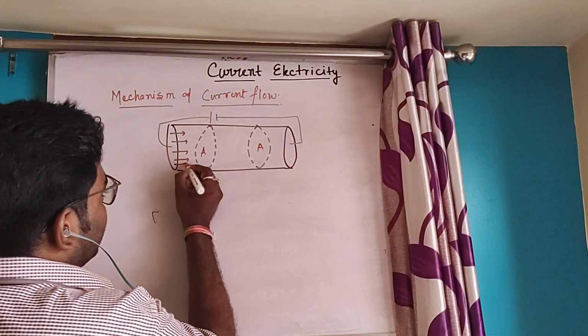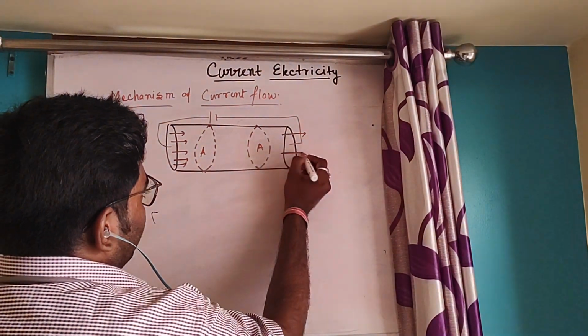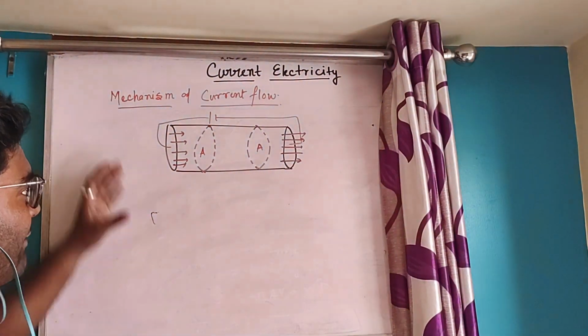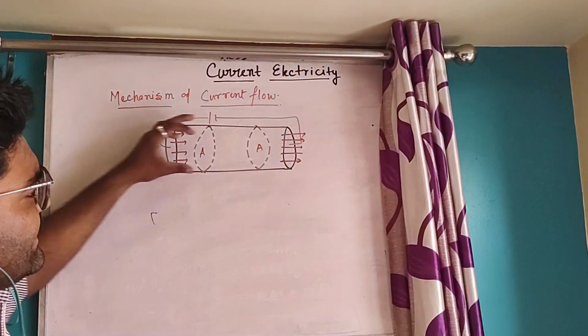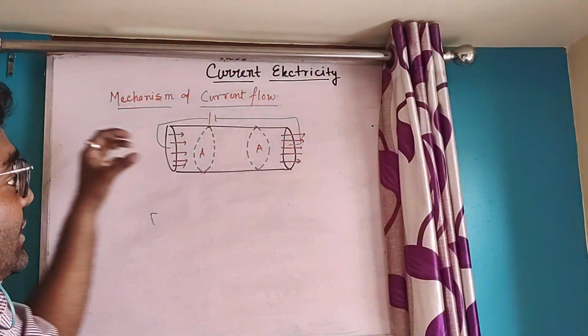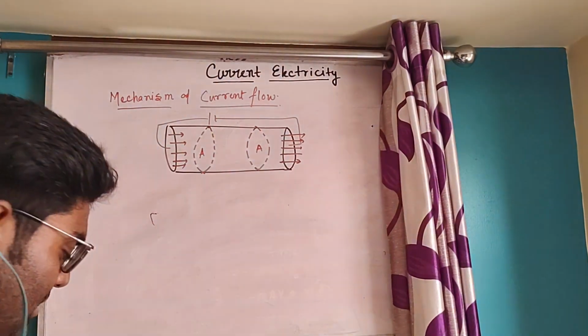The electron is getting into it and the electron is getting outside from this surface. That is, the number of electrons getting inside is equal to the number of electrons getting outside here. So this is a steady flow of electrons here.